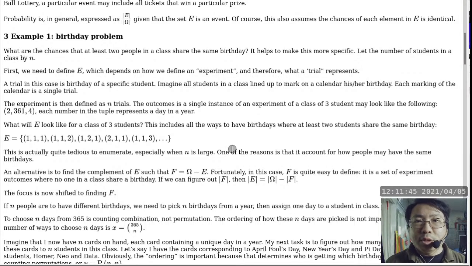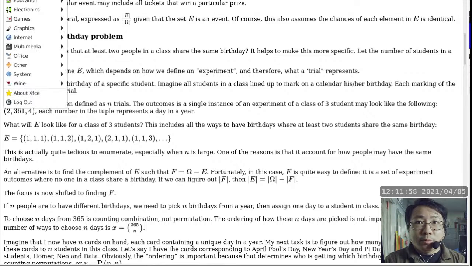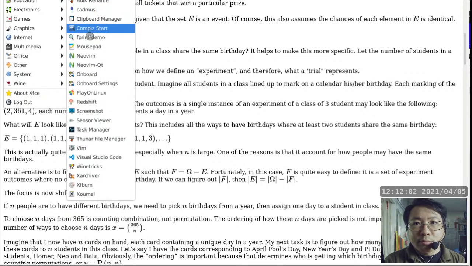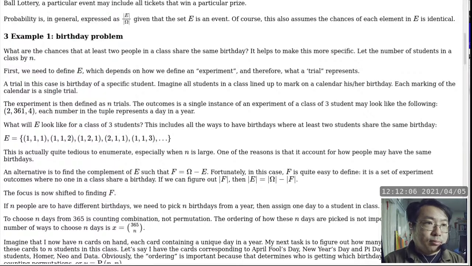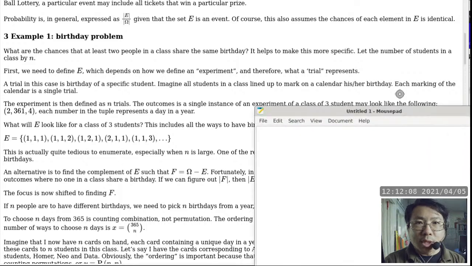Alright, so getting back to how we want to think about this, is to really think about very small cases first. That's one way to think about it. So I'm going to use mousepad because it really is just typing stuff, and there's not much need for drawing pictures at this point.